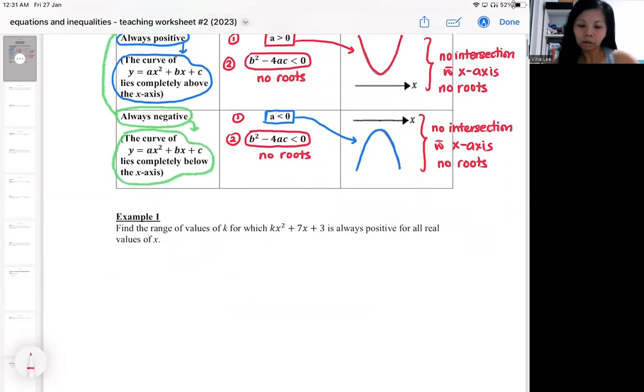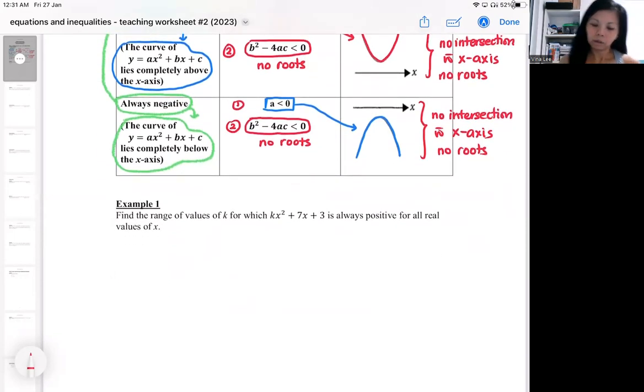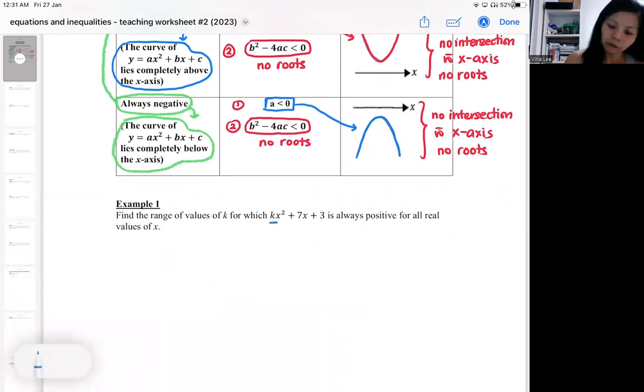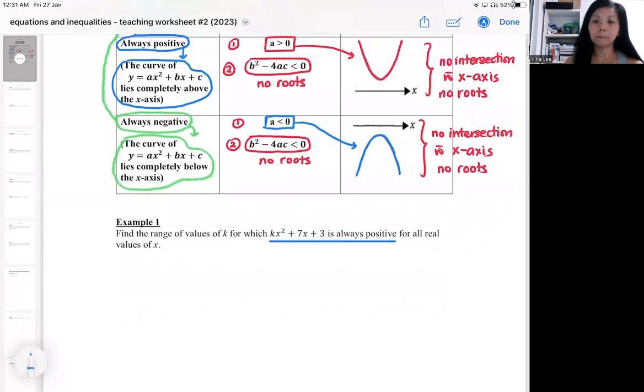Let's look at the example here. In this question, we have a quadratic function, and the quadratic function is always positive. Which situation does it fall under? It falls under the first situation.